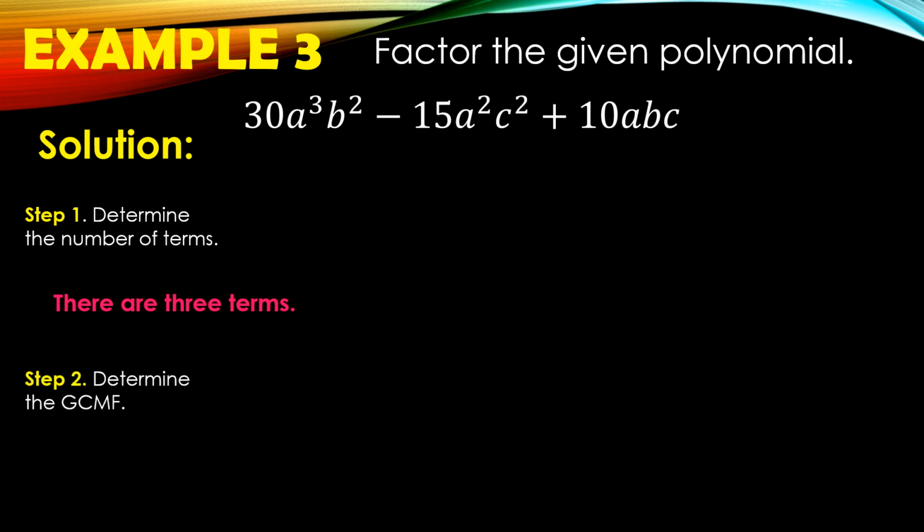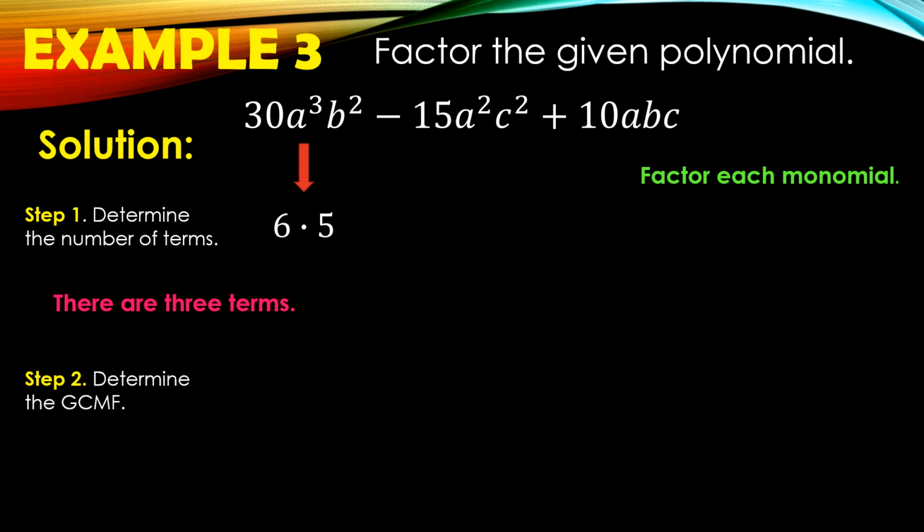Step 2. Determine the greatest common monomial factor. How do we identify the greatest common monomial factor? First, you factor out each monomial. So first, what are the factors of 30a cubed b squared? 30, the factors are 6 times 5.